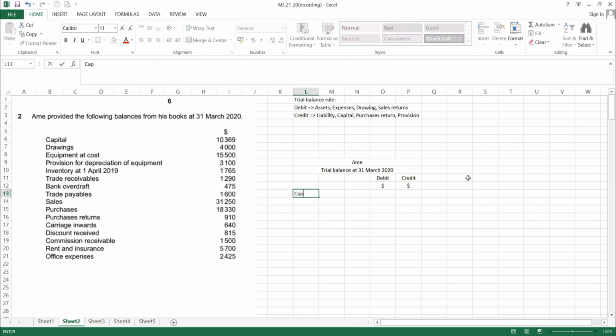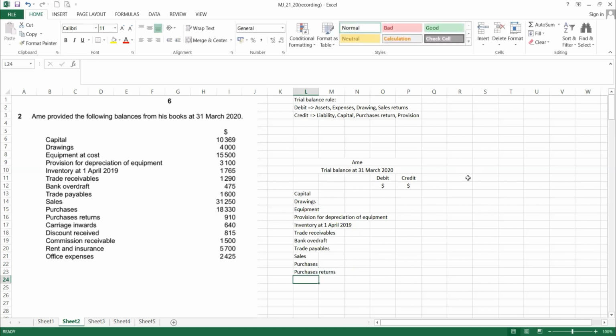So we list down first: capital, drawing, equipment, provision for depreciation of equipment, inventory at 1st April 2019, trade receivable, bank overdraft, trade payable, sales, purchases, and purchases return.